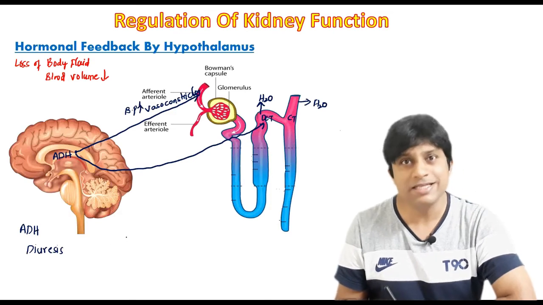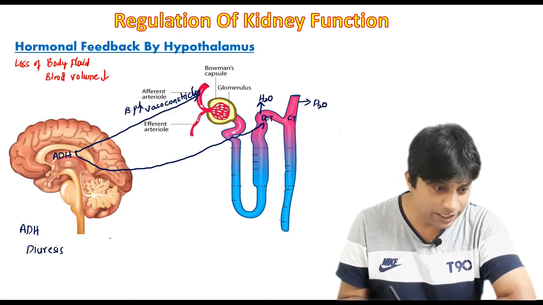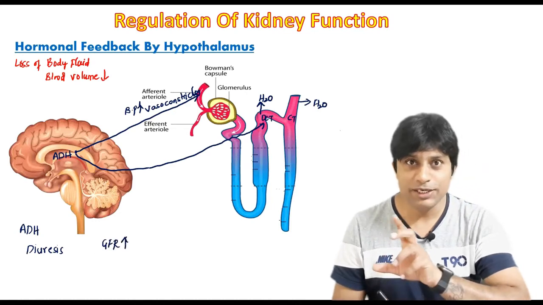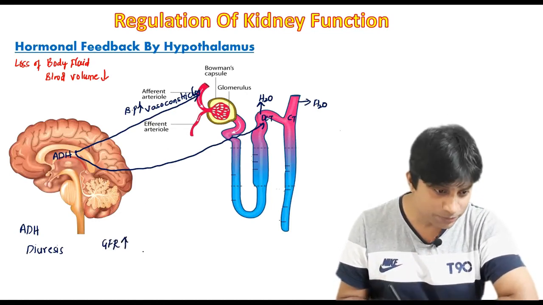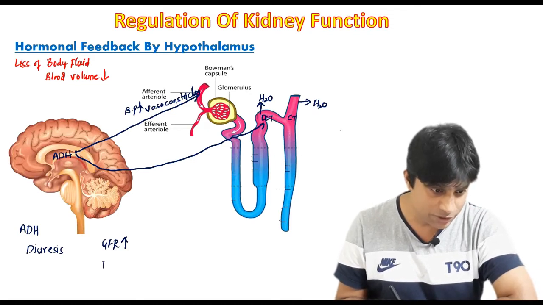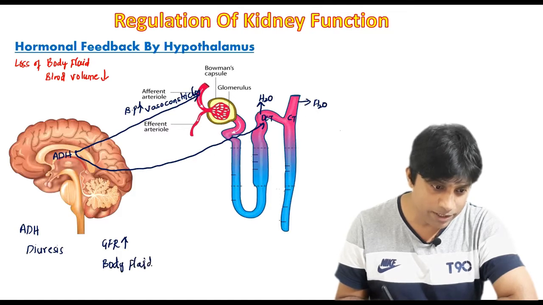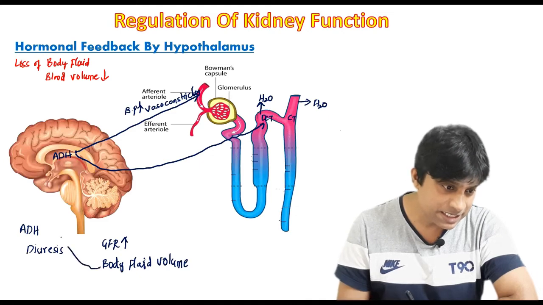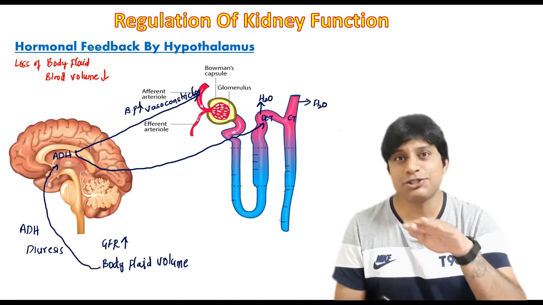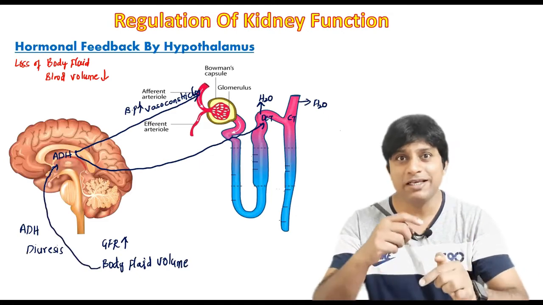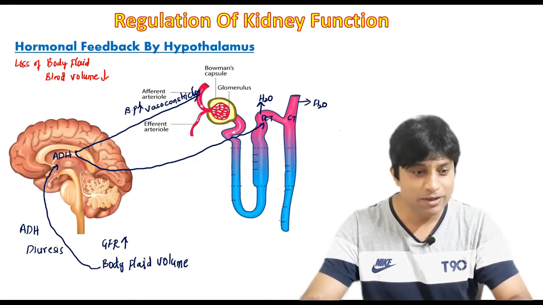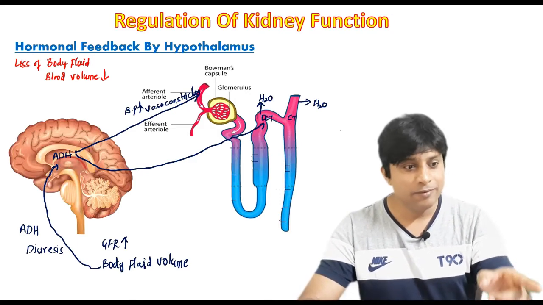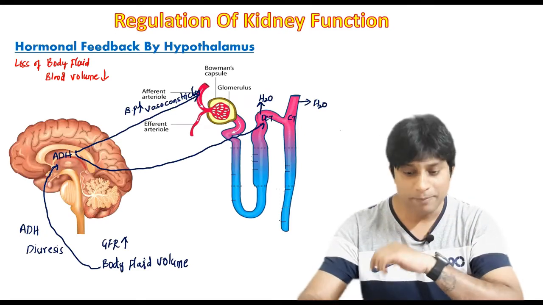When blood pressure increases, this will increase the glomerular filtration rate. As a result, the body fluid volume is regularized, so the body fluid volume will start increasing. Once the body fluid volume increases, it suppresses ADH. So the feedback is completed. This is how ADH works by hormonal feedback mechanism.